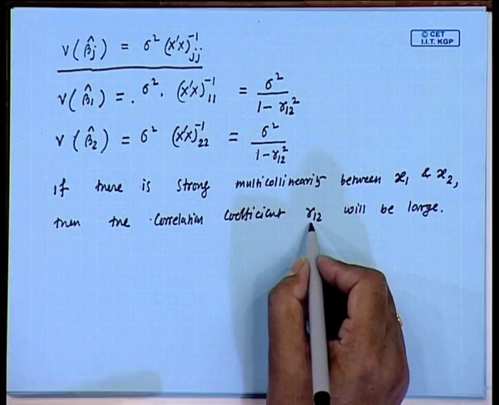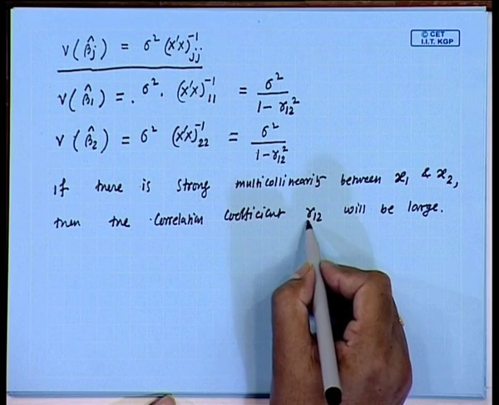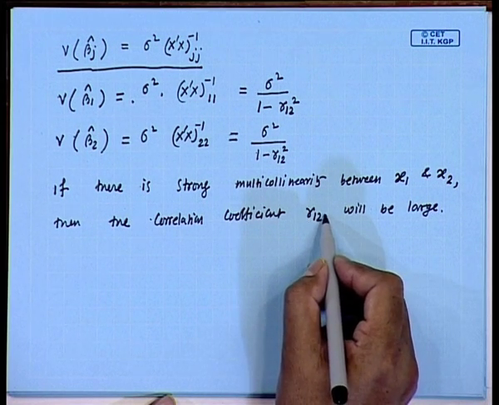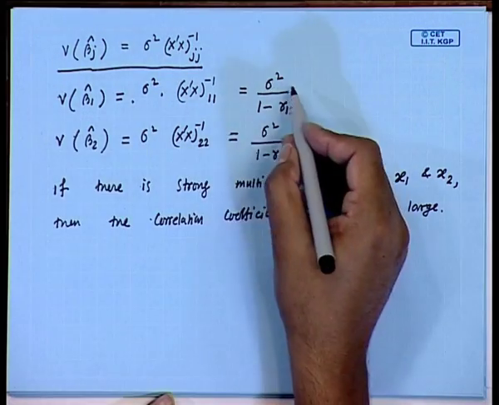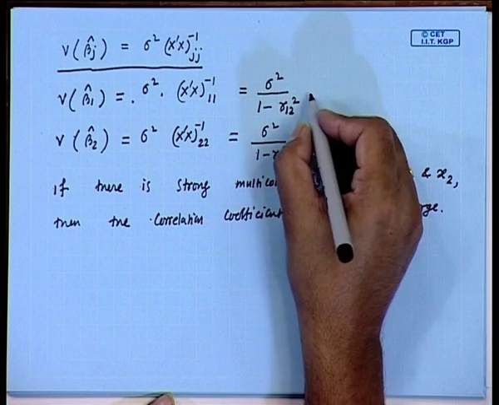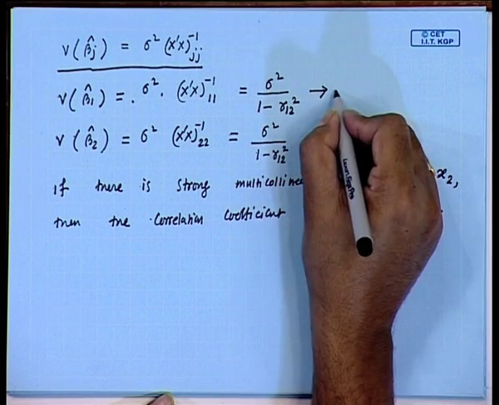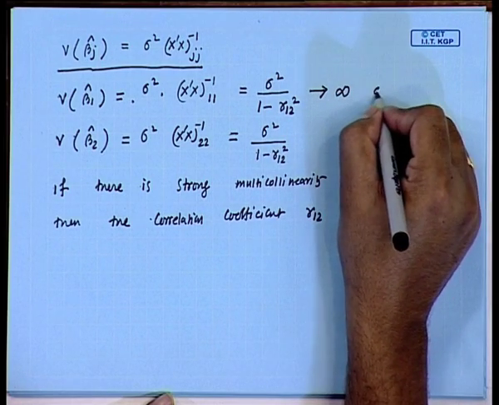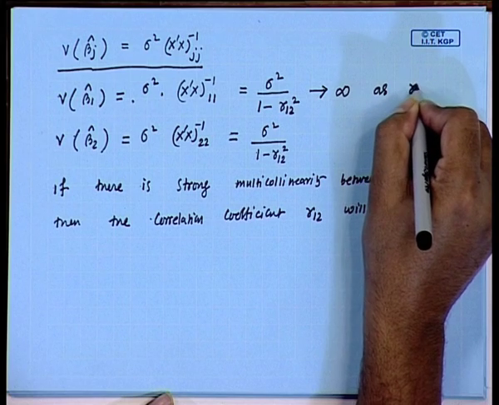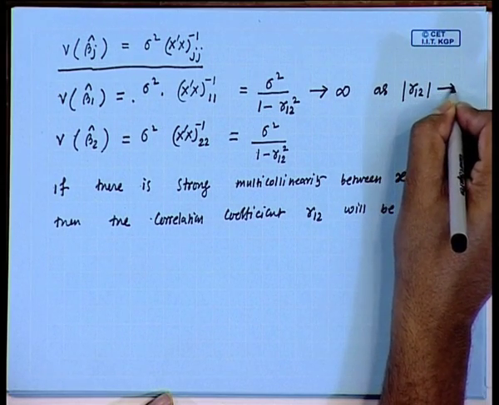So, when the modulus of r12 tends to 1, the denominator 1 minus r12 square tends to 0, so the variance of beta 1 hat tends to infinity as r12 tends to 1.